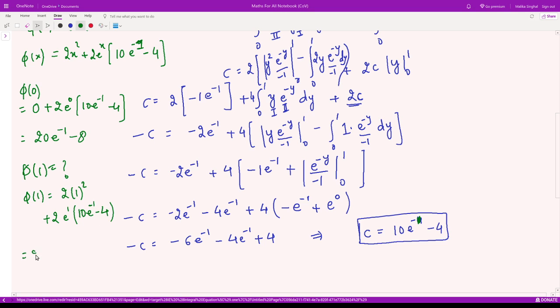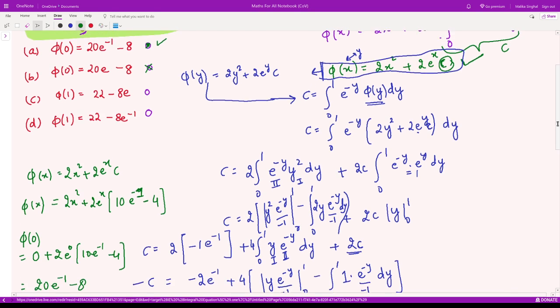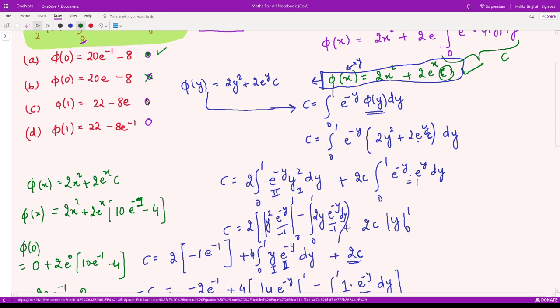So it would be 2 plus 20 minus 8 e to the power 1, right? Because this and this cancel. So we have 22 minus 8e as the value of phi of 1. So 22 minus 8e, this is the third option.